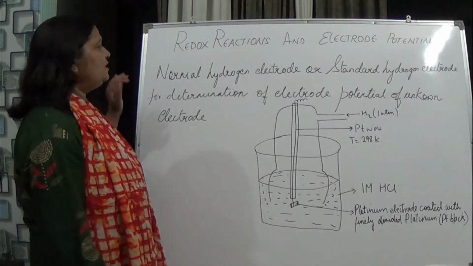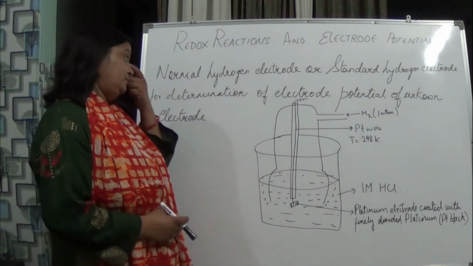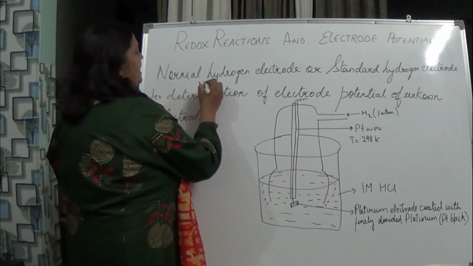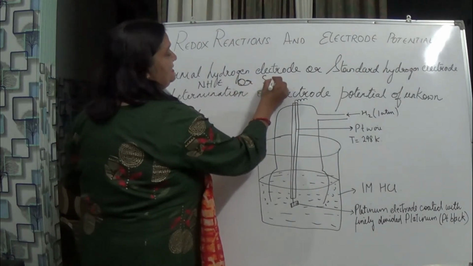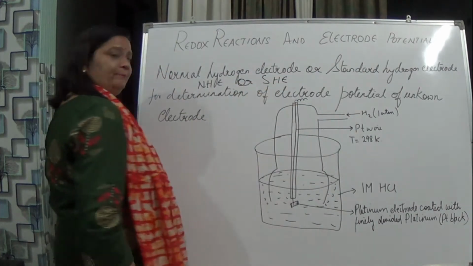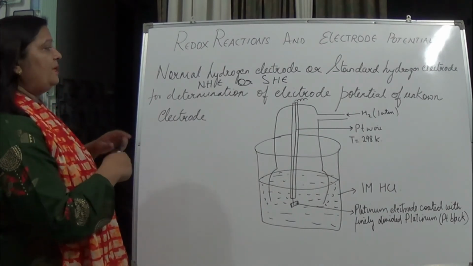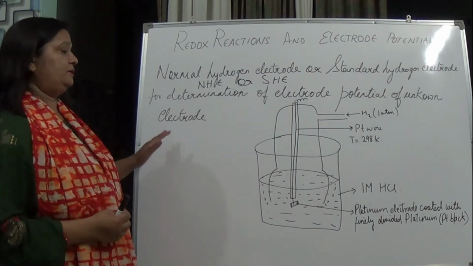So now, the normal hydrogen electrode or standard hydrogen electrode. In short form, it is written as NHE or SHE. Actually, this is used to determine the electrode potential of any unknown electrode.